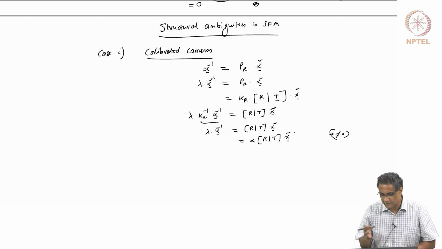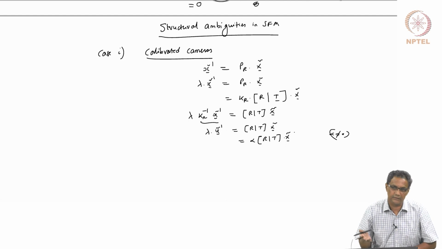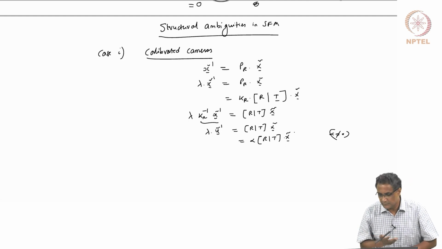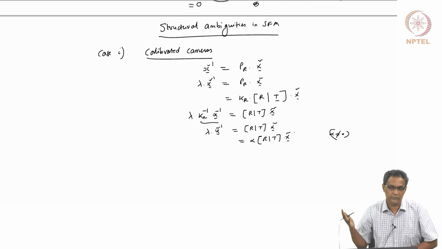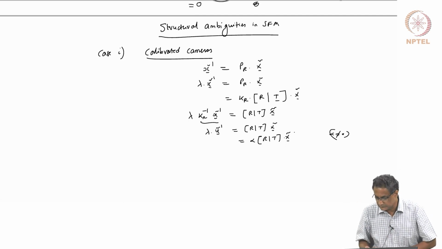Typically in SFM it will be the same camera, so you won't have KL and KR. I'm sticking to that because I'm using a 2 view case, but typically it's one K that goes around. Because it's a 2 view case, I thought let's just call it KL and KR, but really there's nothing like KR.